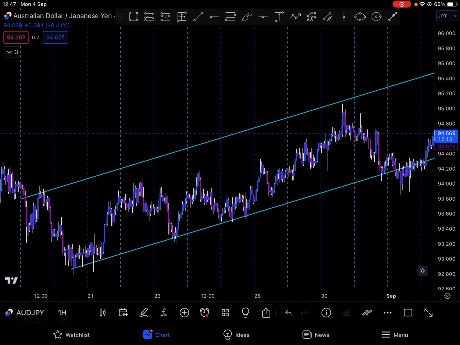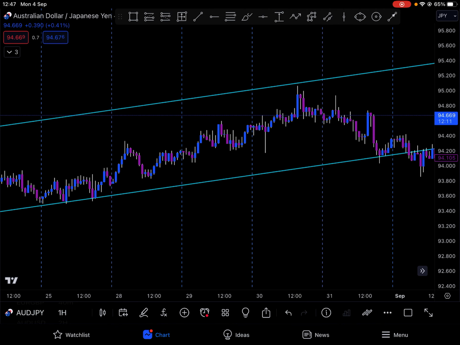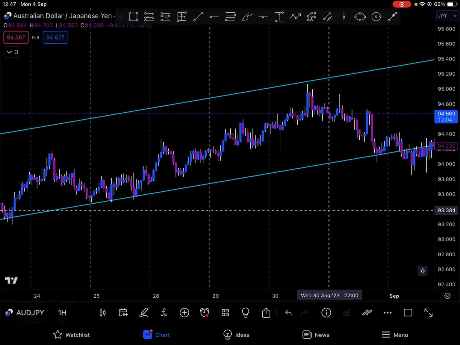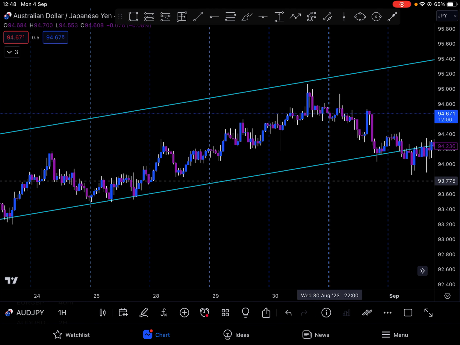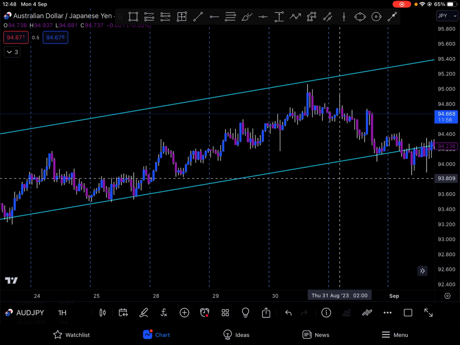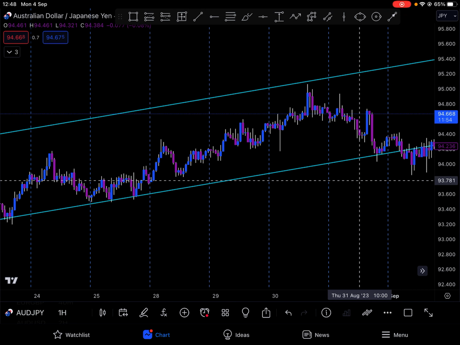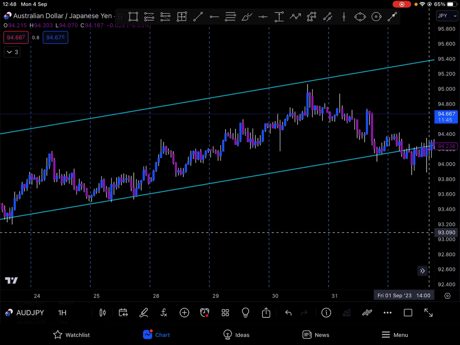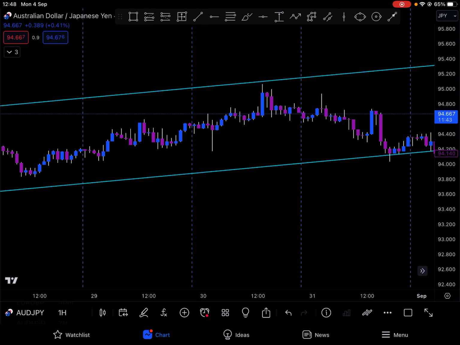But the reason why I use that indicator is because it allows me to change the color of Monday, so I know where Monday is, and I know where all the other days are. Because if I know where Monday is, I can see all the other days just by looking at Monday. You get what I mean? So this is the reason why I don't use this. But if you don't want to use that indicator, you can use this.